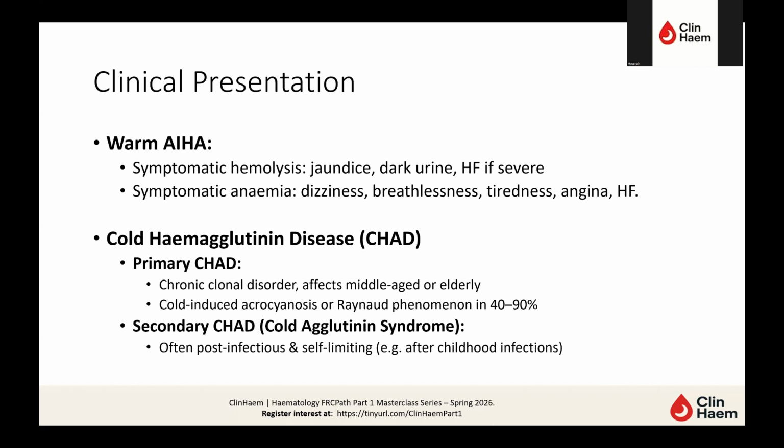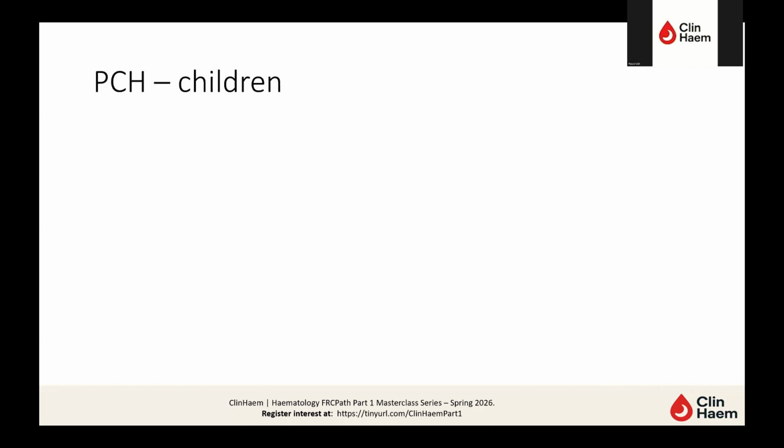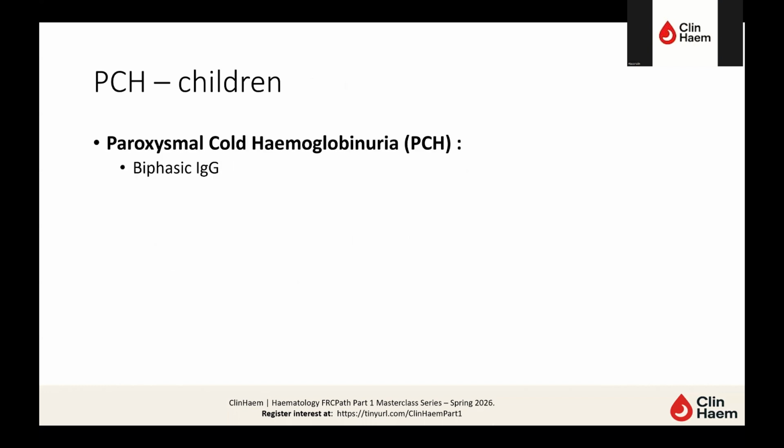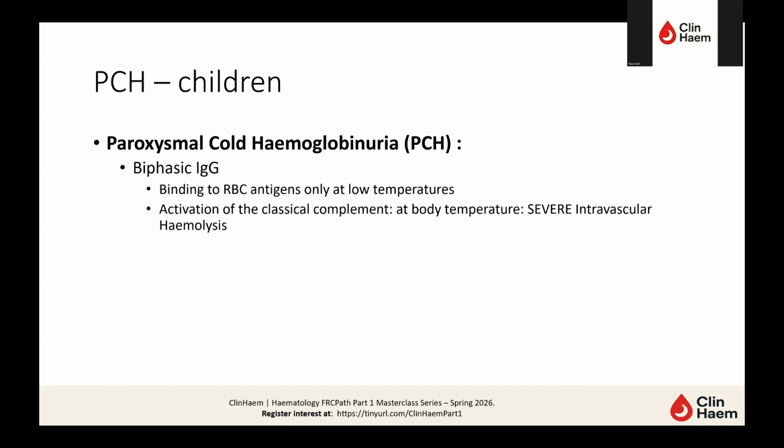The primary is chronic. Okay, so PCH lastly is caused by a biphasic IgG, which is very funny because it binds to the red cells at low temperatures, say in the fingertips or whatever, but when it comes back to the central circulation, it works at high temperatures.